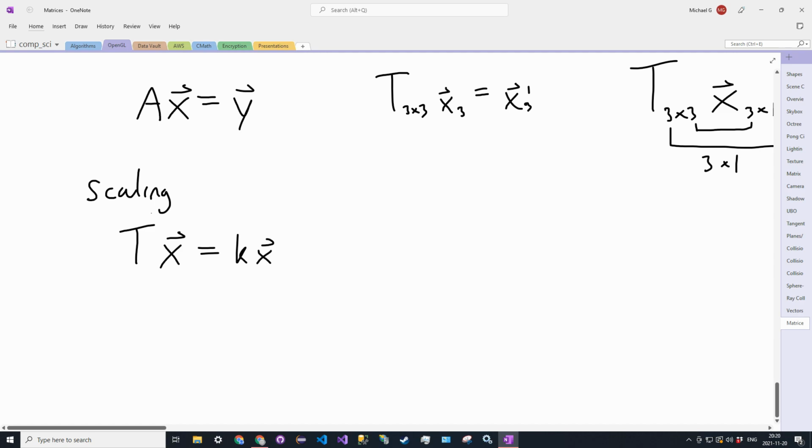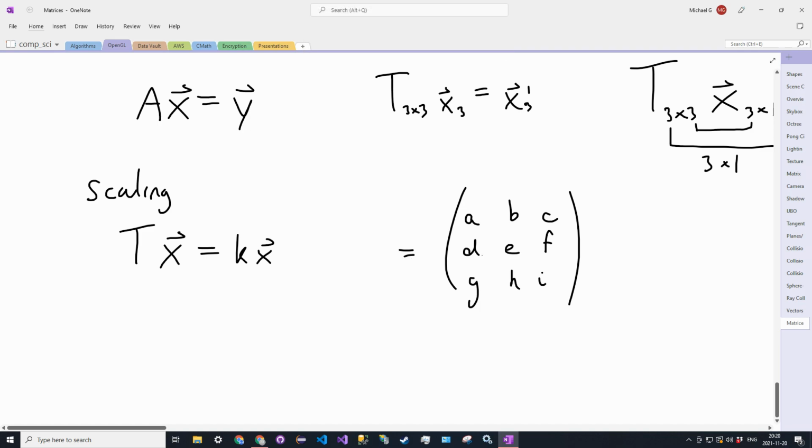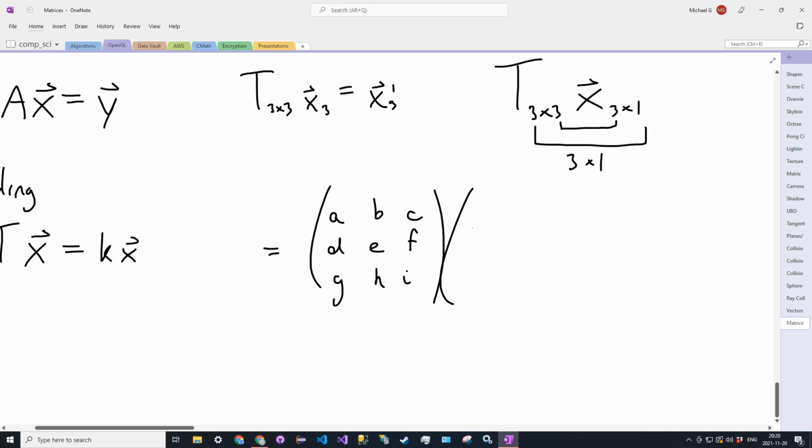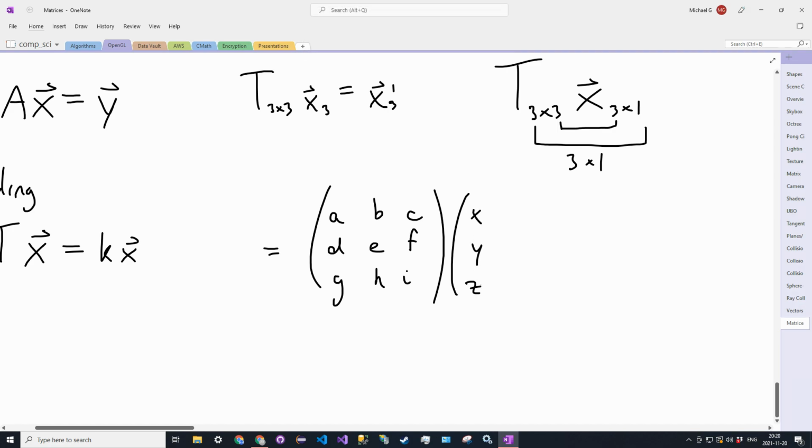Well, if we represented T as a, b, c, d, e, f, g, h, i, and then T times x is equal to x, y, and z, and we wanted this to equal kx, ky, and kz.